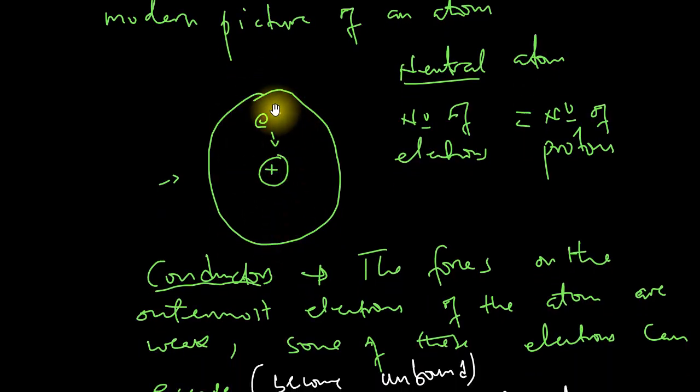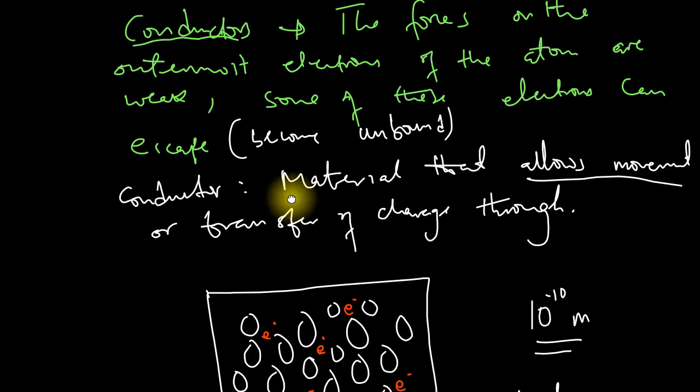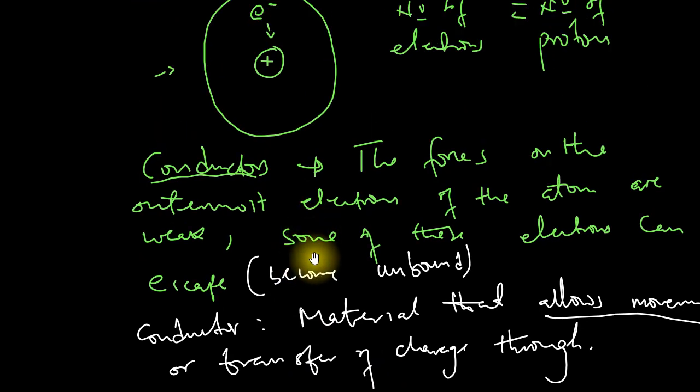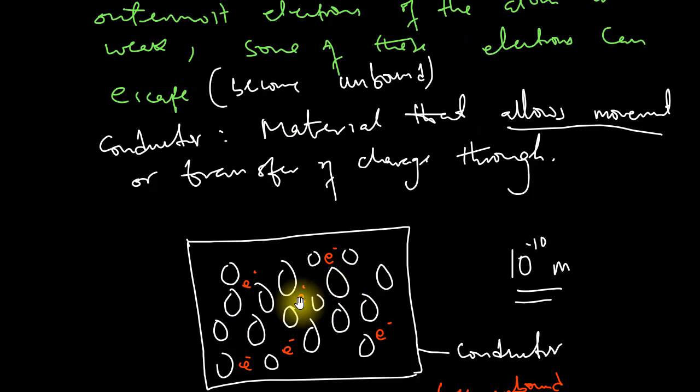Because of those weak forces, the electrons, especially the outermost electrons, can easily escape from the atom and become free within the material. Like we see here, these electrons are free to move throughout the material, and when they become free to move, it means the material is able to transfer charges through it, and by the way, also transfer heat, but we are not concerned about the transfer of heat in this topic.